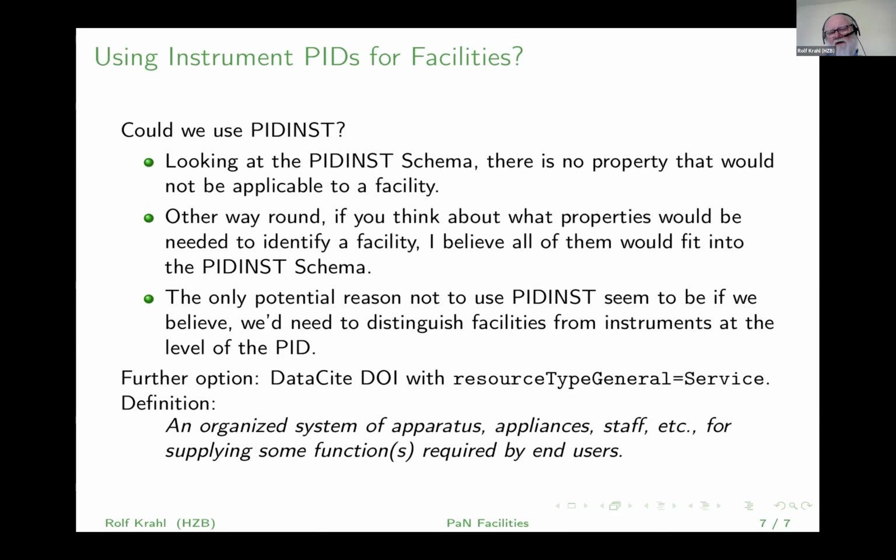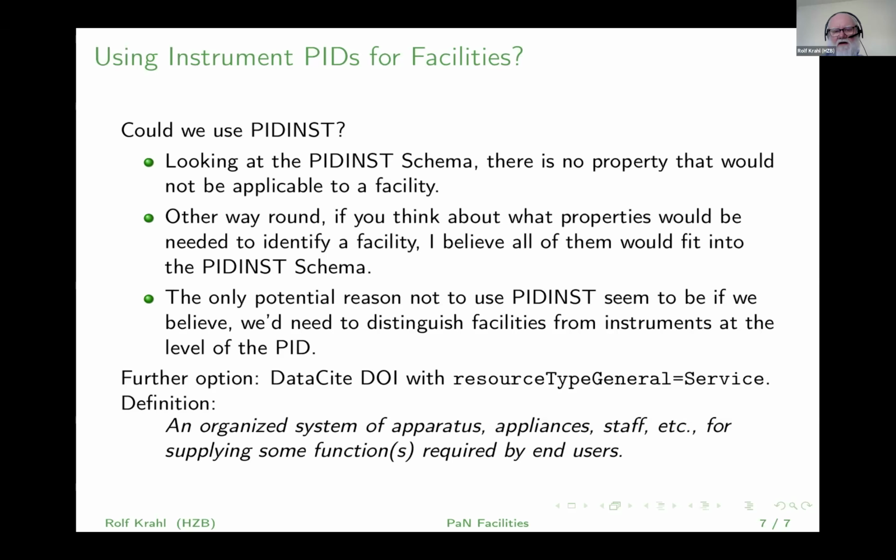The only reason why one might not want to use PID-inst might be if we believe that we need to distinguish facilities from instruments at the level of the PID type to be used.